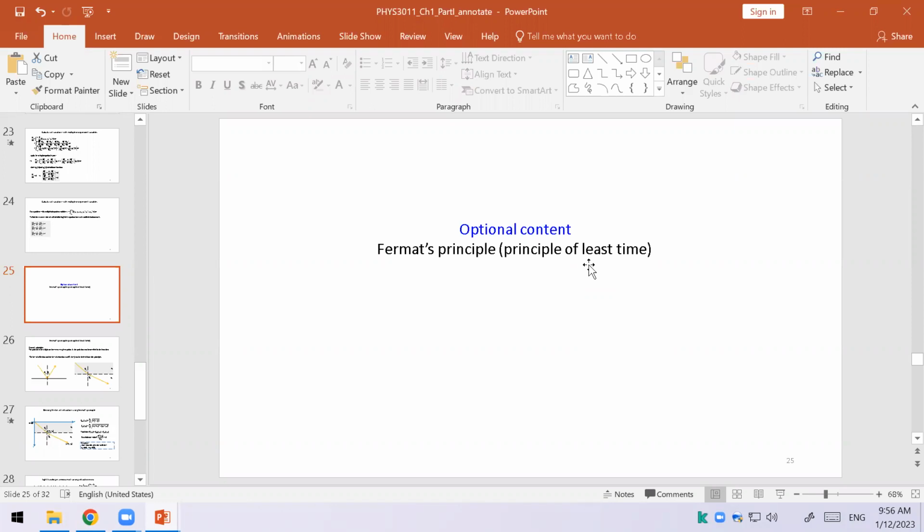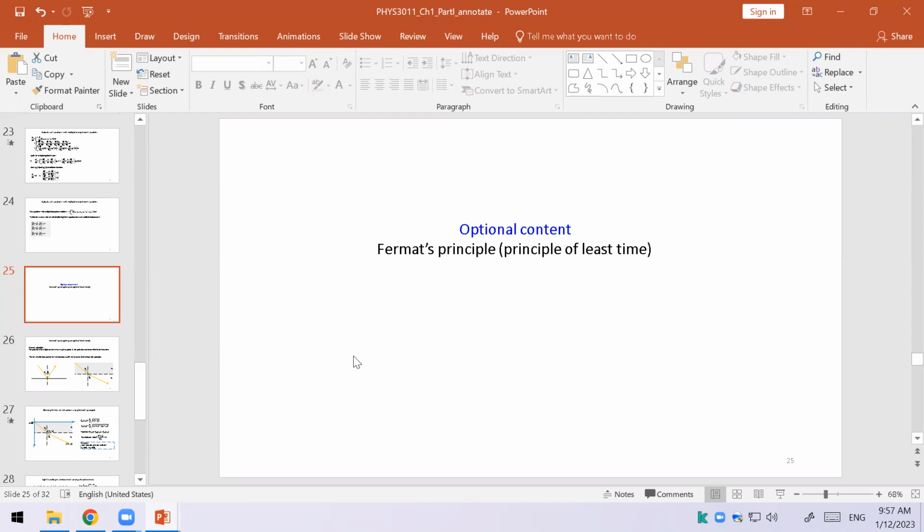So we are going to talk about the propagation of light for a second, moving away from mechanics just for a second. I believe you do have the basic knowledge about the propagation of light. First of all, in free space, a ray of light propagates in a straight line.